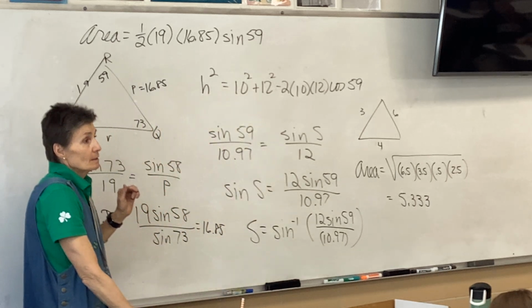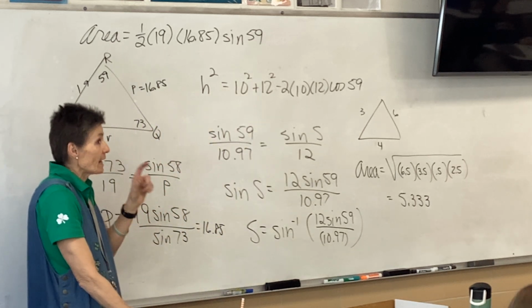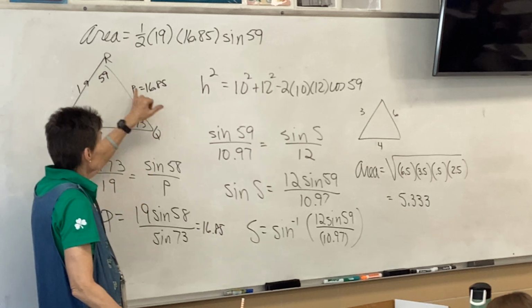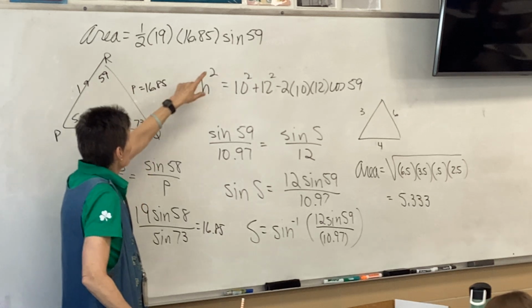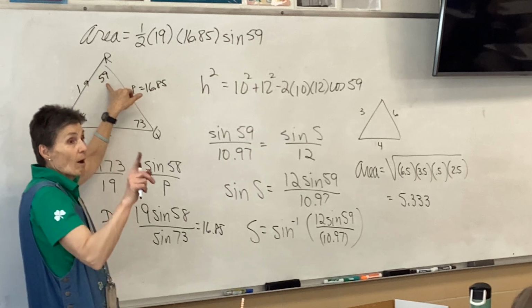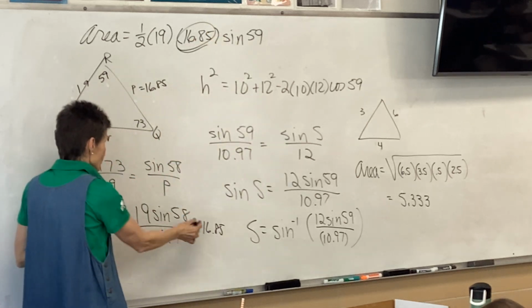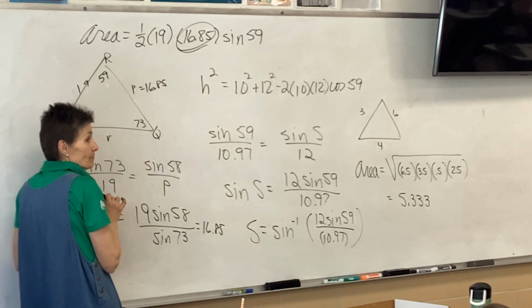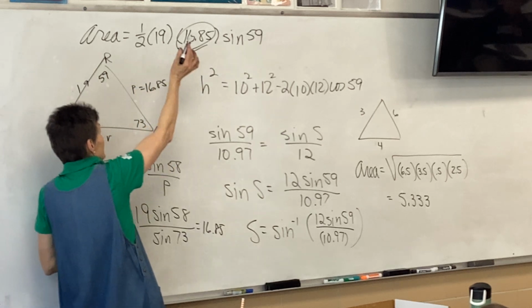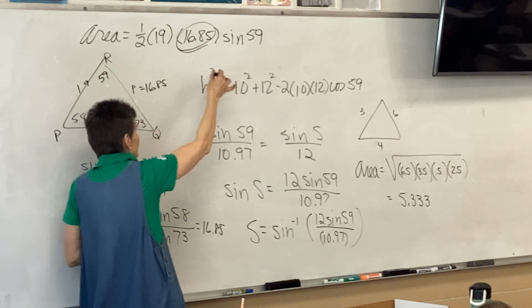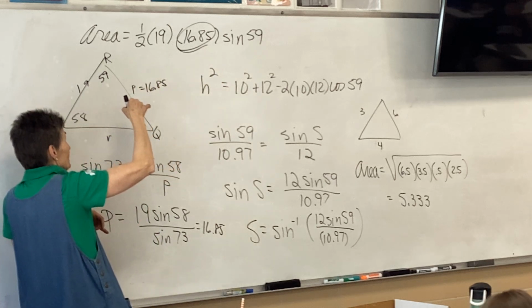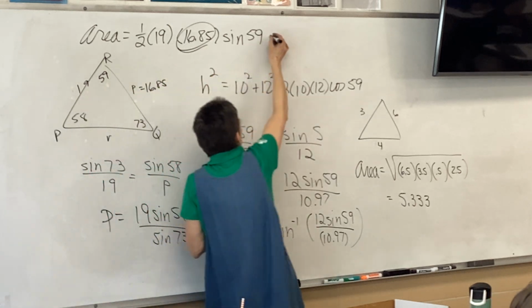No, in between them, the included angle. If you're gonna do these two sides, then you gotta use 59. Now, as before, this is in your calculator, so use your answer button. So 1/2 times 19 times answer times sine 59 equals, and what is that? One hundred thirty-seven point two.